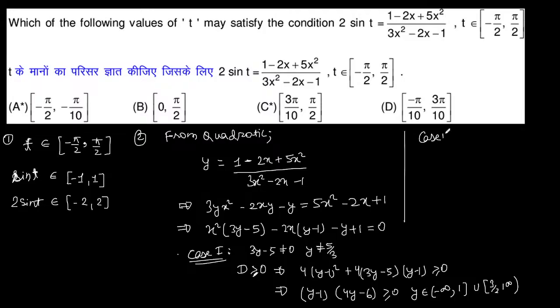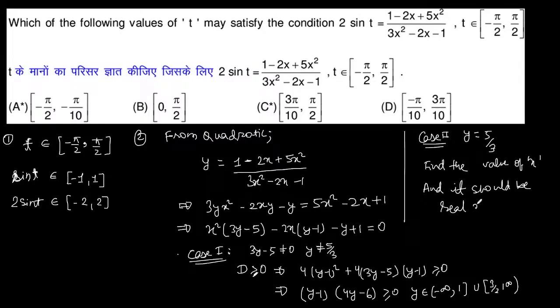Case 2, when y is equal to 5 by 3, we'll put y equal to 5 by 3 and try to find the value of x, and it should be a real x.